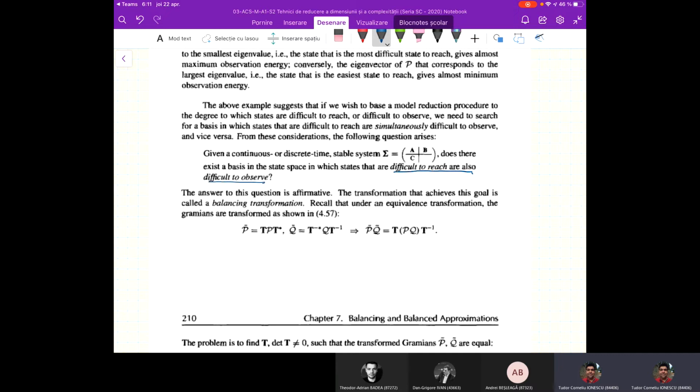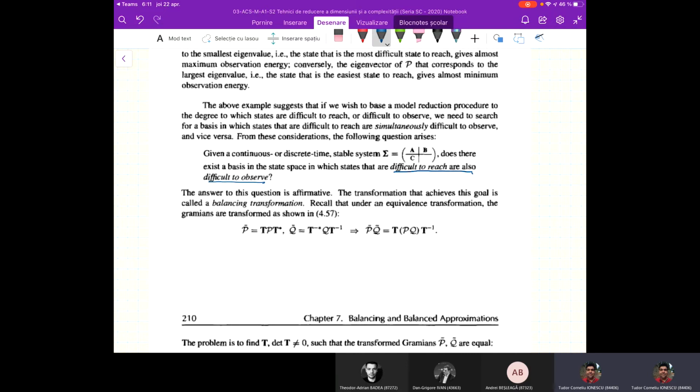Very good question to start with. So is there a space or a basis where we can separate the highly minimal states from the almost non-minimal states? This is the question.